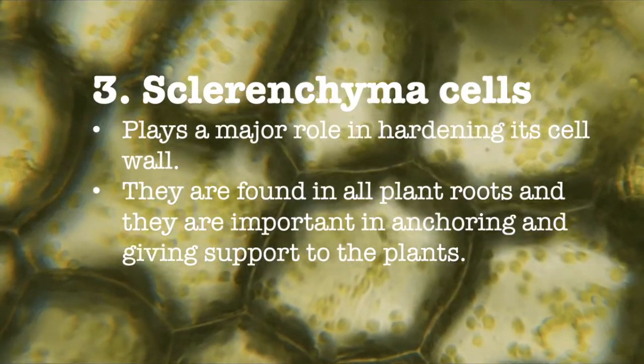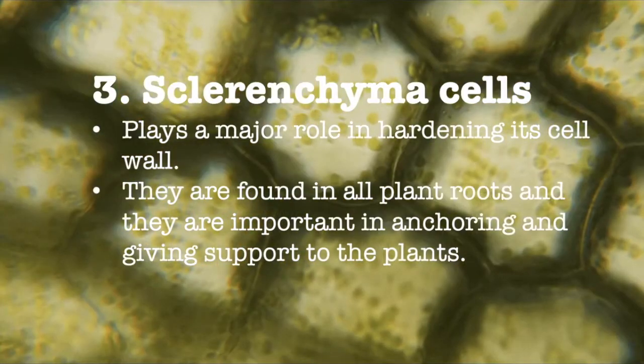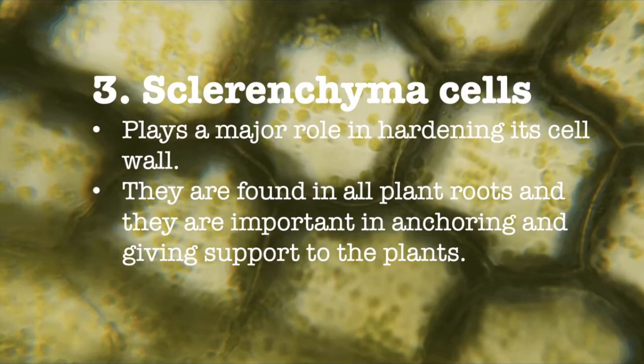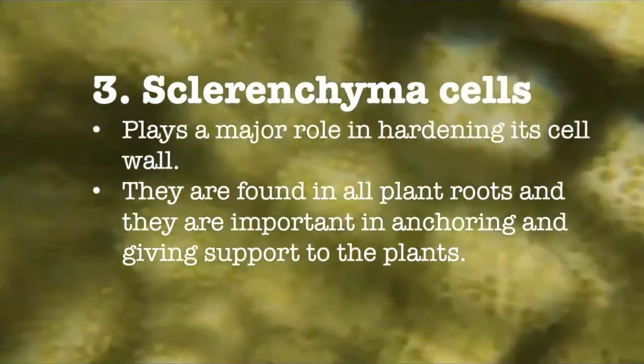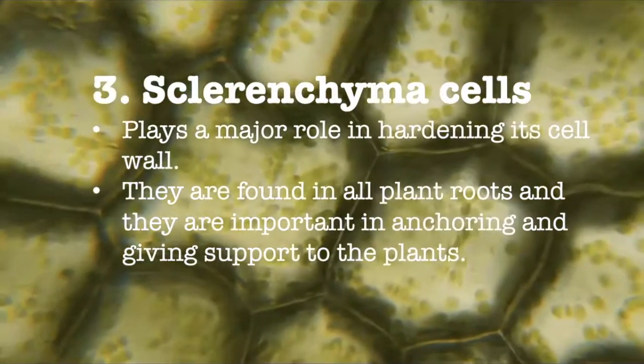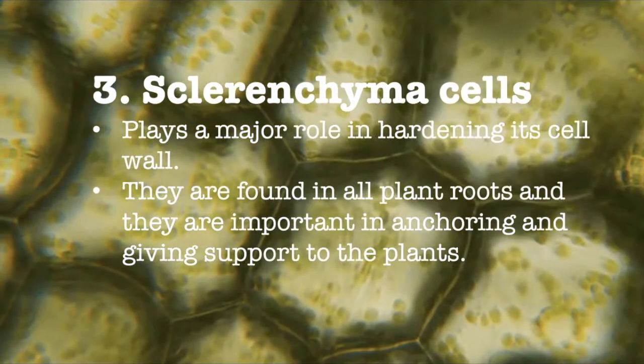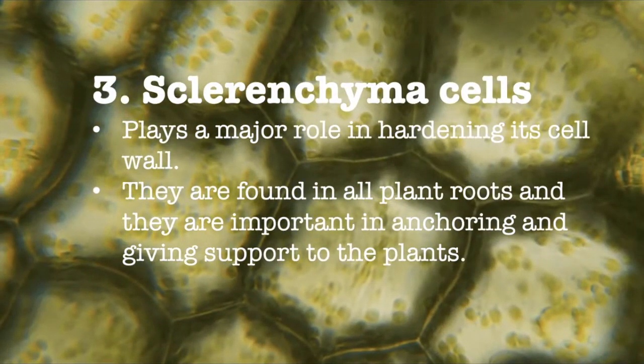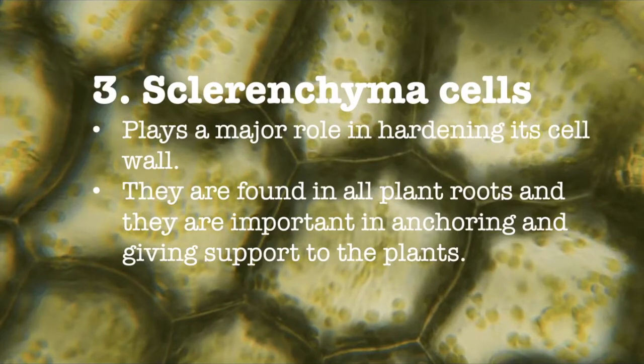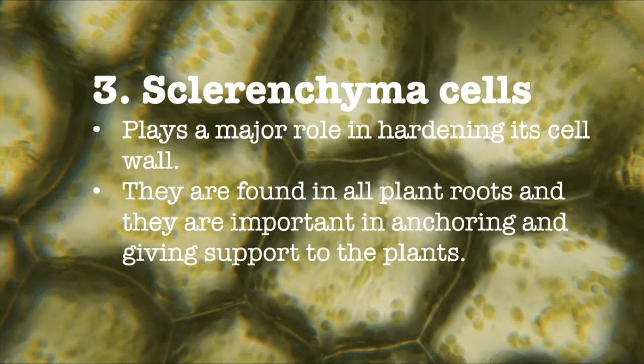These are mature cells with a secondary cell wall over the primary cell wall. They are found in all plant roots, and they are important in anchoring and giving support to the plants.